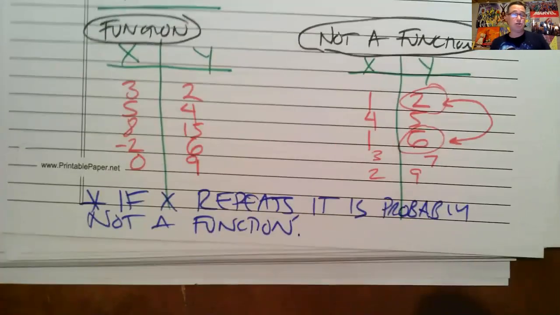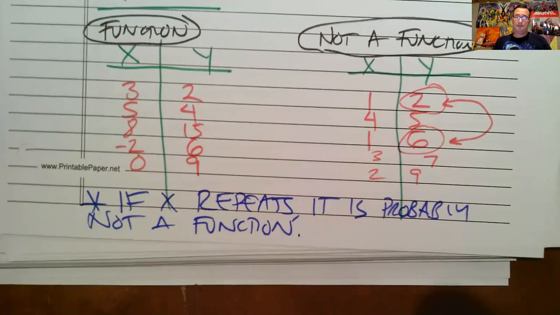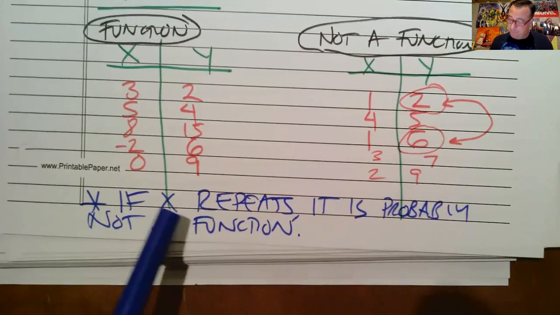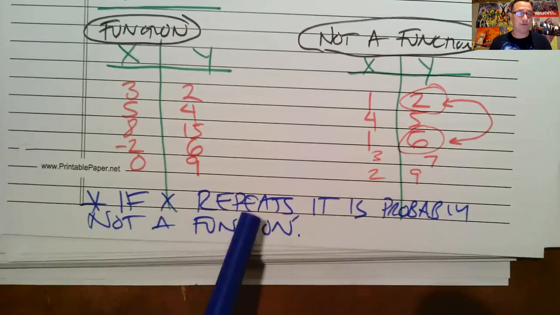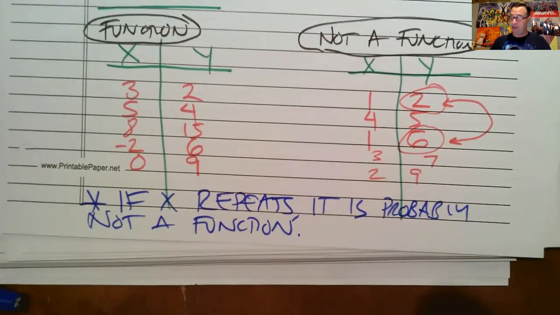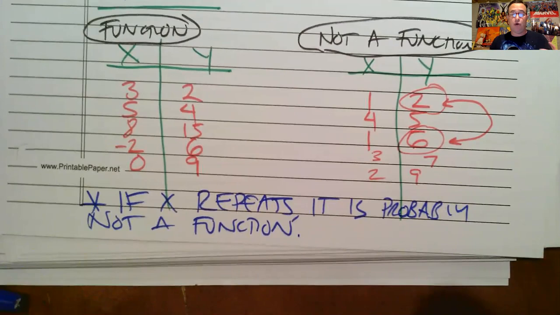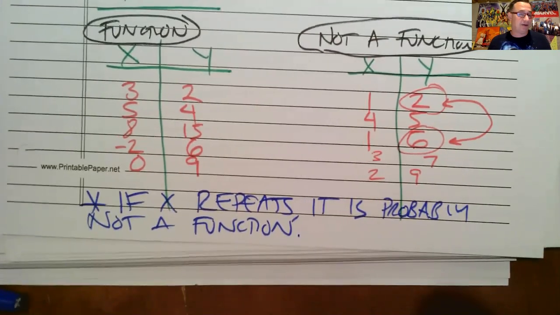There's one situation like this that I want to show you where it could be. But for the most part, if you look for an x repeating, not a function. If x doesn't repeat, it is a function. You'd think that this would be more complicated than that. It's really not. If x repeats, it's probably not a function.